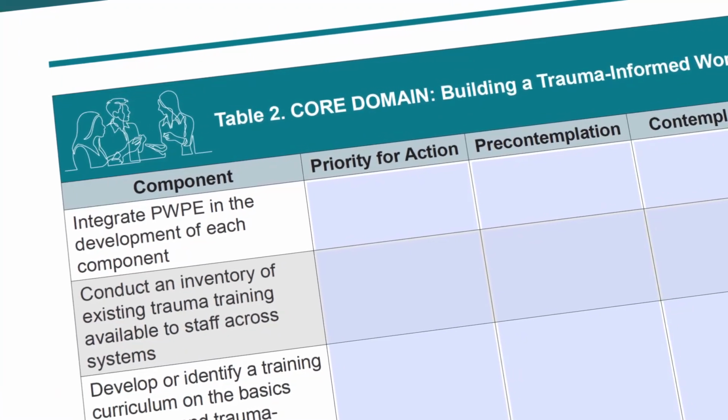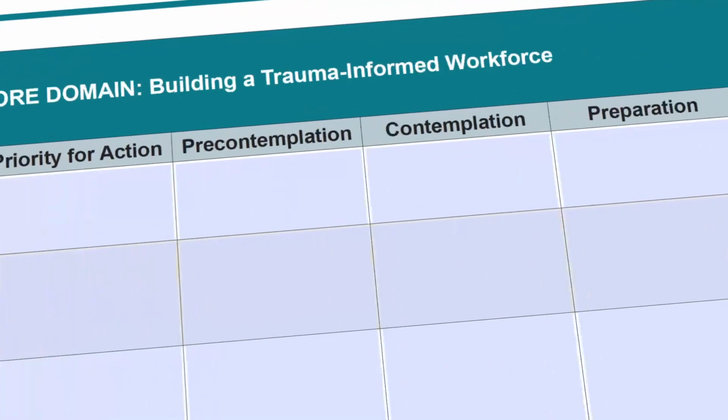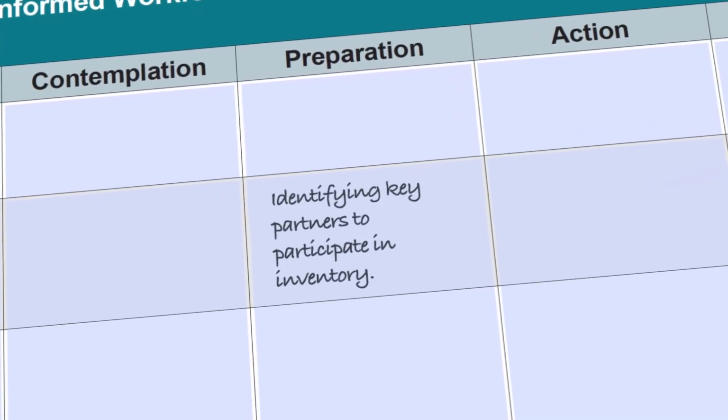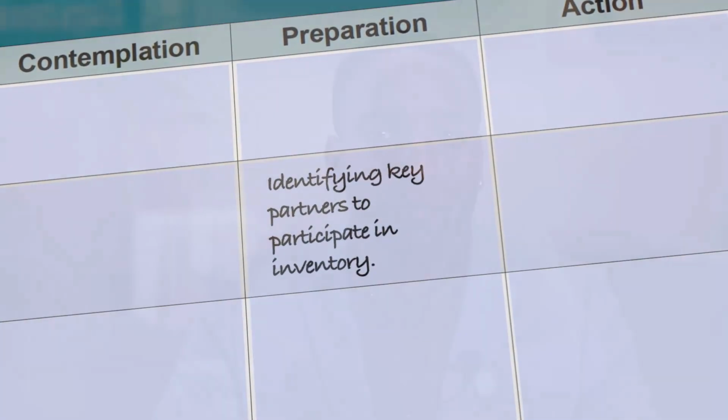If the collaborative team understands the need to conduct the inventory but no action has been taken, the team in the preparation field could note identifying key partners to participate in inventory. Text in the second cell down in the column titled Preparation reads, Identifying key partners to participate in inventory.